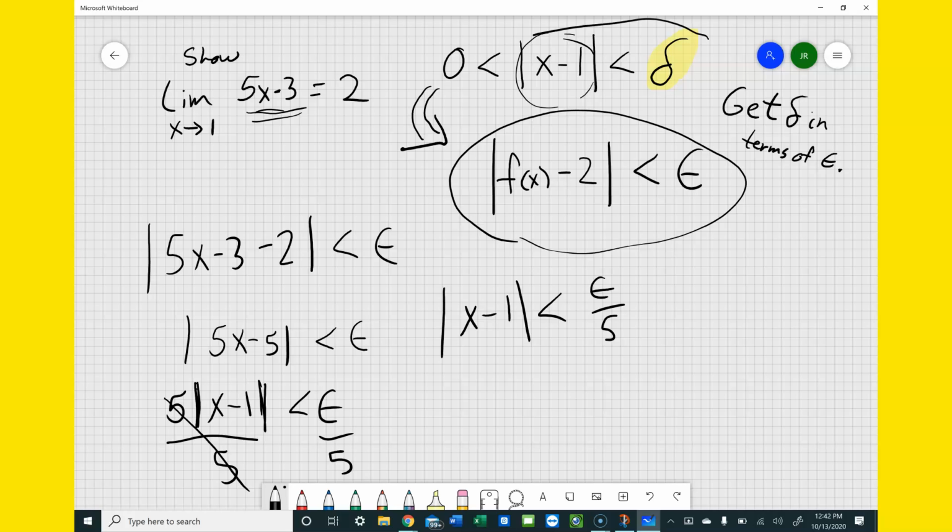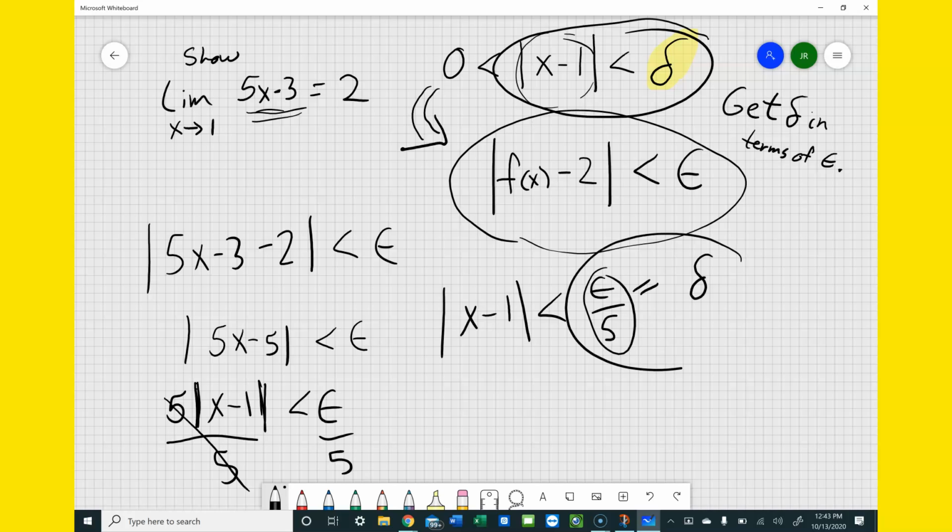And because the absolute value of x minus 1 is less than delta, then epsilon over 5 can just be my delta. We just found it. Now, there may be deltas that work better, that are closer, but that's not the challenge. The challenge is not to find every delta or the perfect delta. It's just to find any delta that will answer any epsilon. And we just did it.